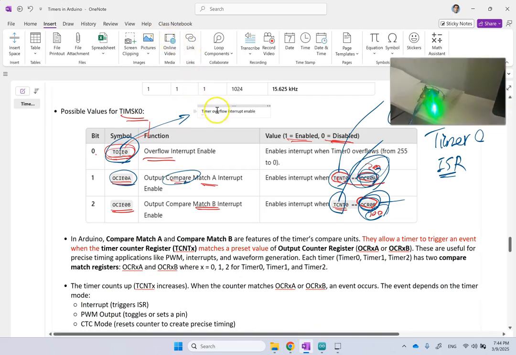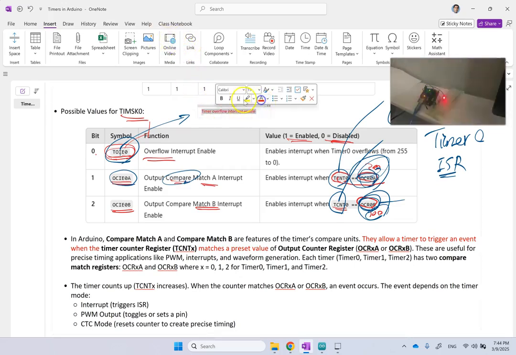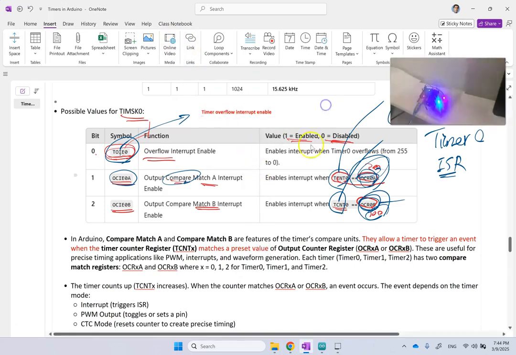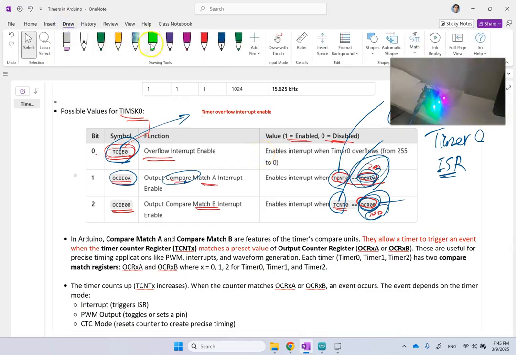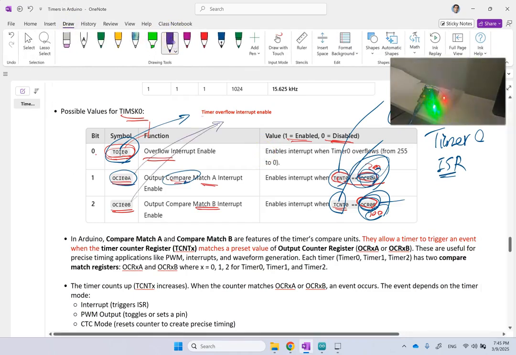Okay, so that is the variable that when you set it, it is going to enable using overflow, and we just said that. Now, what is OCIE? This second one and the third one. So these two stand for what? O is output.